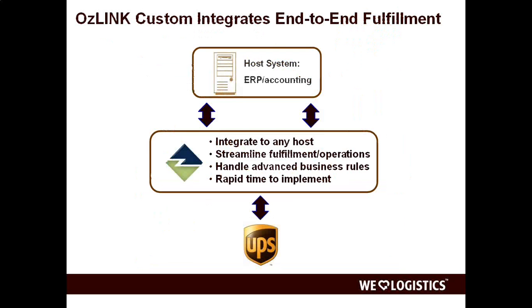And then OzLINK Custom, as I said, the integration is typically built based on a customer's needs. It could be a legacy system, any number of other back-end systems, Microsoft Dynamics, the Sage family, you name it. We have integrations to 25 or 30 different back-end systems. Often as part of the integration, the business rules we talked about are applied. At a high level, the user experience is very similar between the two.